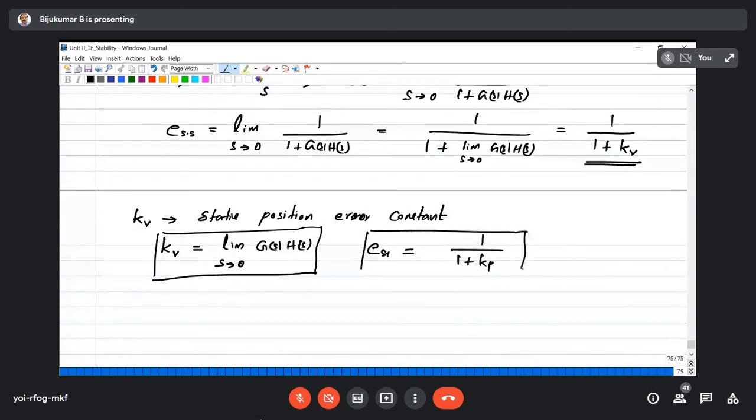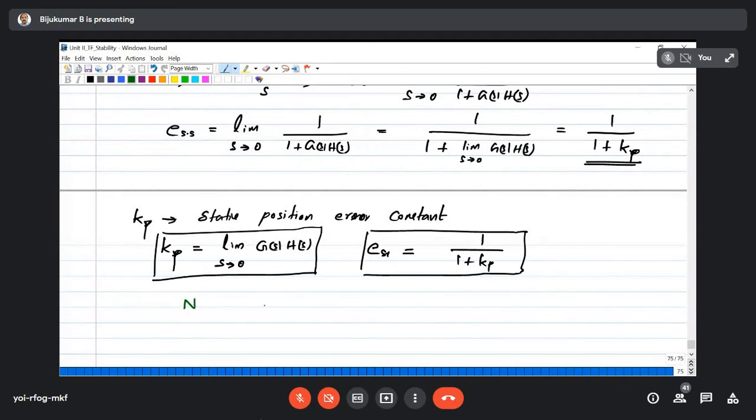So if you are feeding a unit step input as reference input, the corresponding steady state error is equal to 1 divided by 1 plus Kp, where, sorry, not Kv, it is Kp, the position error constant, right? It's not Kv, Kp. So where Kp is the static position error constant, which can be calculated using the open loop transfer function, that is limit s tends to 0 G of s H of s. Clear?